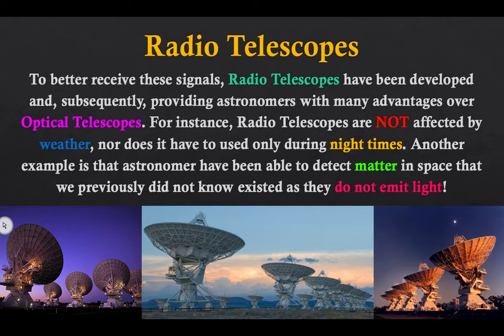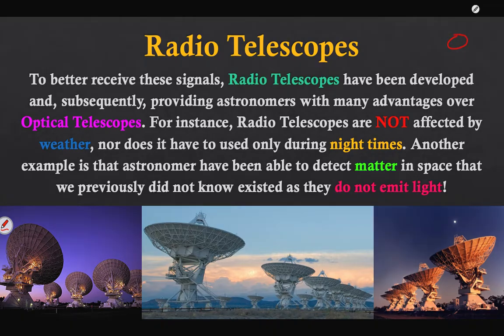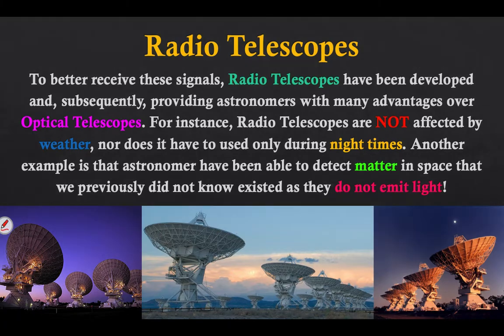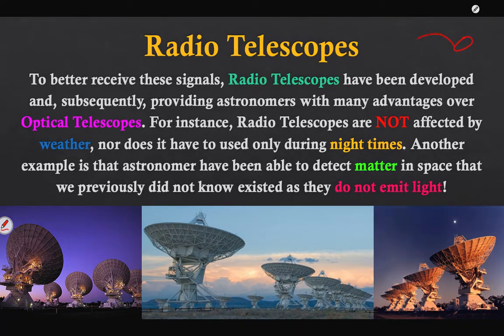So let's say we had something in space that puts out energy, or puts out light, rather, at this wavelength. Maybe that is something that we can actually see as light. Let's say I had something else that was pretty much the same, except the wavelength was just a little bit longer.